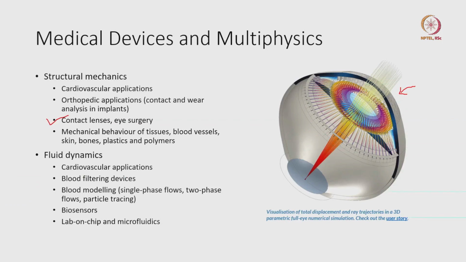You can see the lens structure, which is deformed in a particular manner so that the rays propagating from this direction focus at the retina of the eye.